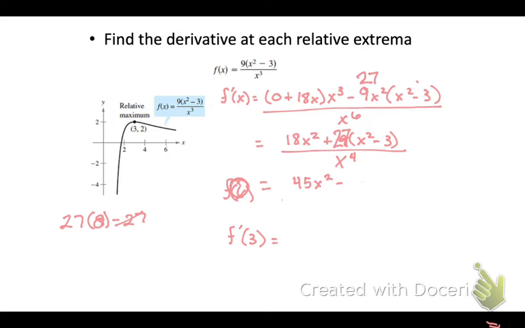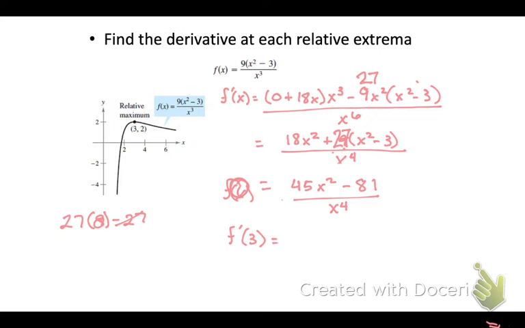But if I'm going to plug in, wouldn't it be easier to factor out, not put in? So I could factor out a 9. No, I'm just going to go ahead and do it. So 45x squared minus 81 over, because we took out an x, x to the 4th.